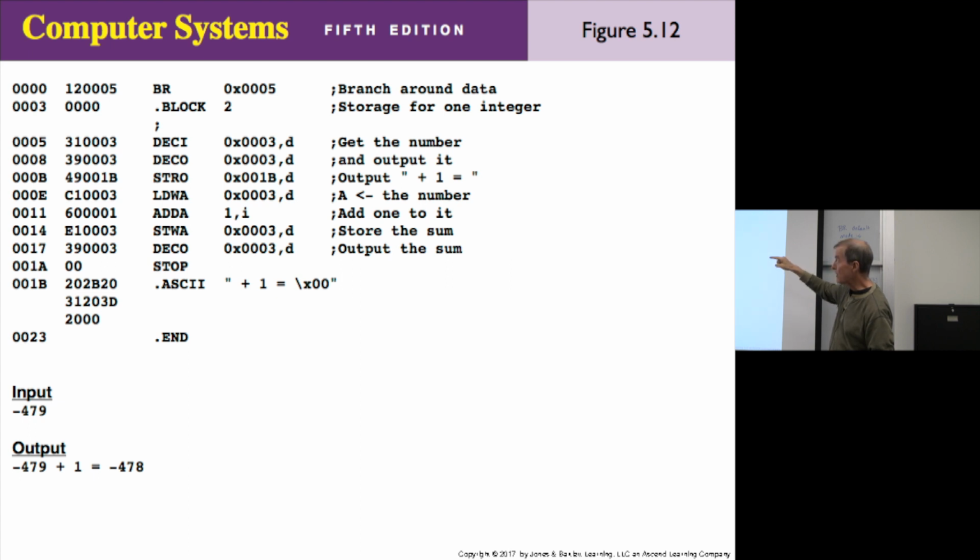So you go down to 1B, and what do we see at 1B? 202B. Yeah, the code is 202B20, but what is the assembly language source code? Dot ASCII. Okay, so that's a pseudo-op dot command, and that stores the string space plus space 1 space equals space.